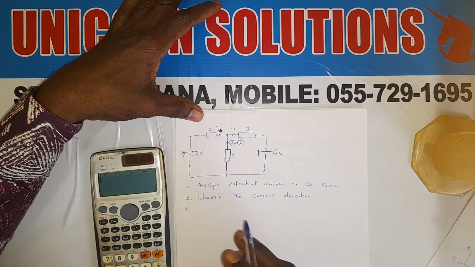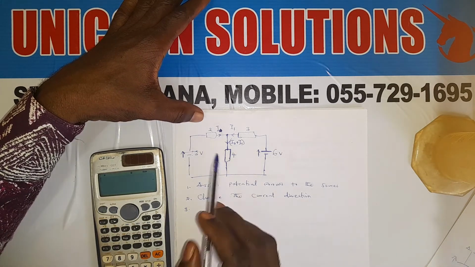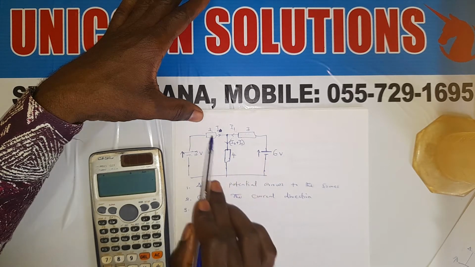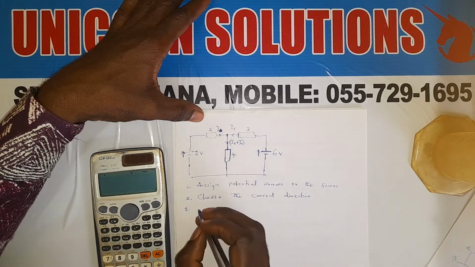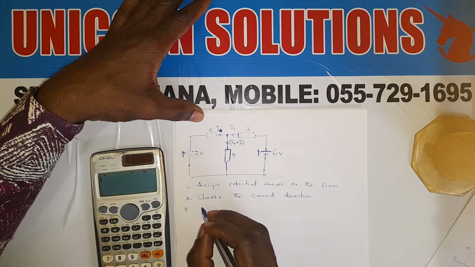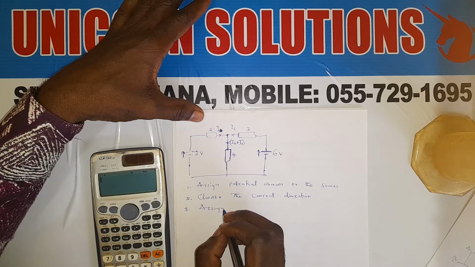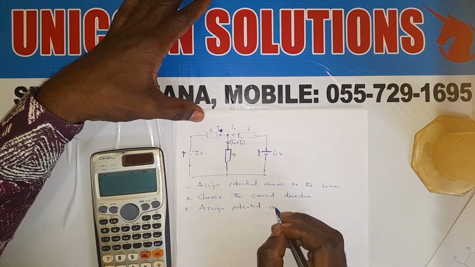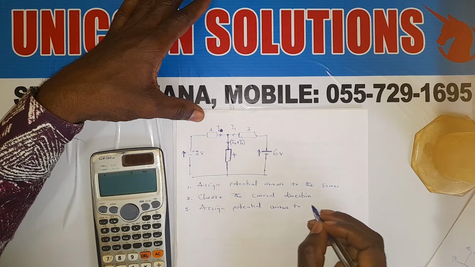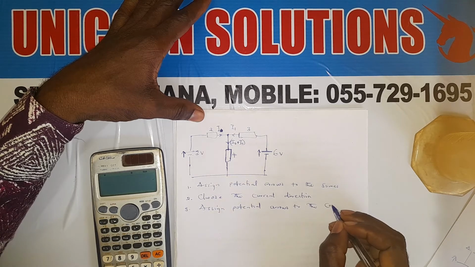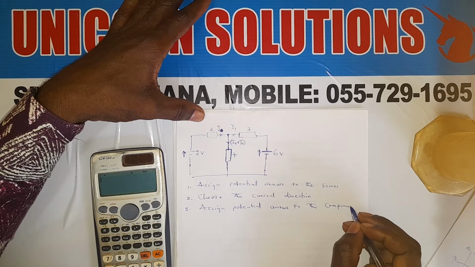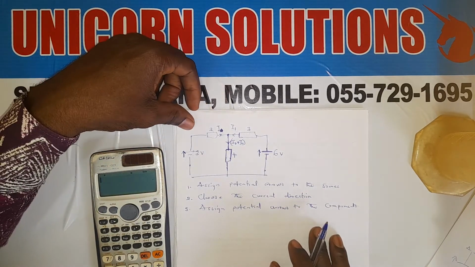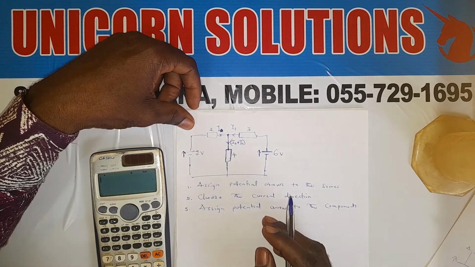Now our third point is that we assign potential arrows to the components. You see, we are done with the sources, but for the components, we've not given them potential arrows. You see, they do not produce any source of energy, so we assign them at this time.